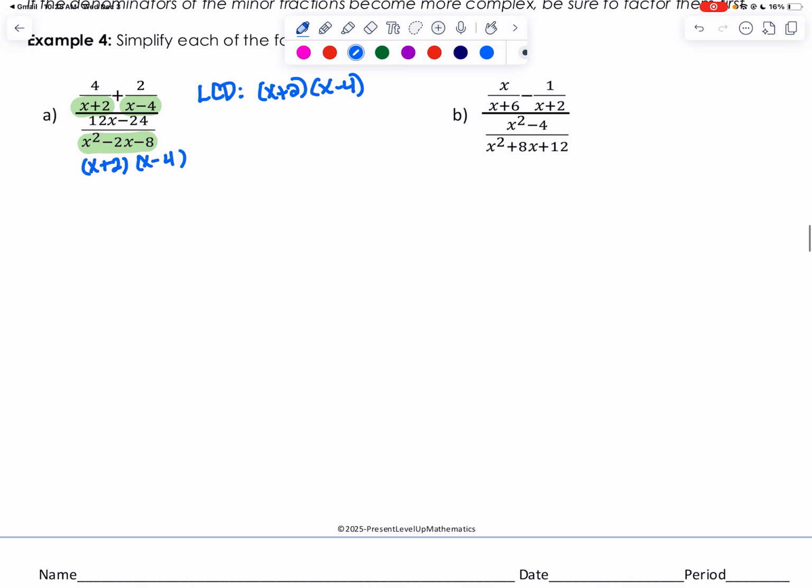All right, so (x + 2)(x - 4) times 4 over x plus 2, plus (x + 2)(x - 4) times 2 over x minus 4.